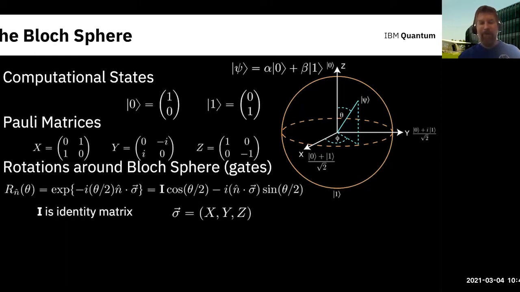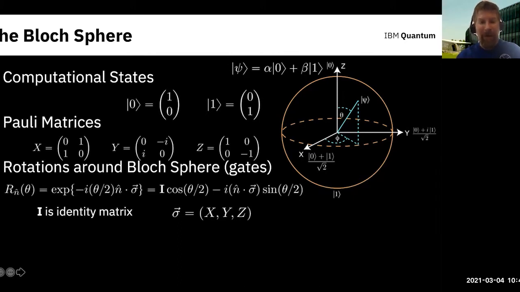All the matrices that describe movements of qubits are going to be represented by some sort of special unitary group. You can rotate around any normal axis n by an amount theta by exponentiating this vector, which is a dot product of that normal unit vector with a vector of Pauli matrices.